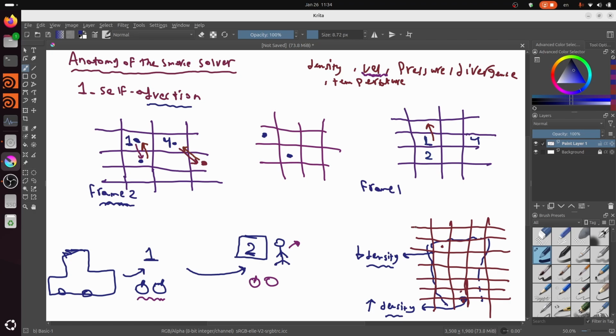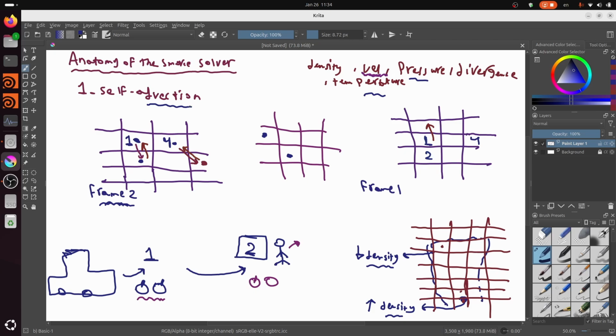So we now advected the density with the velocity field, and we will also advect all of our fields with the velocity field. Not only the density, we will also advect the velocity field with the velocity field. So we are going to move the velocity according to the velocity.